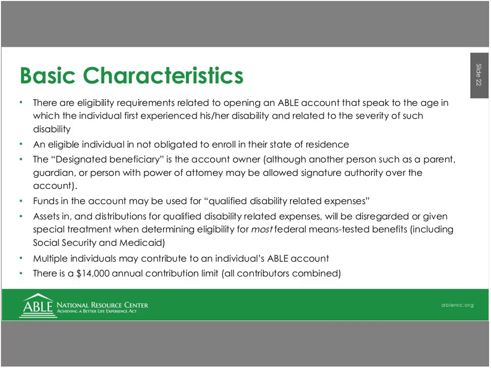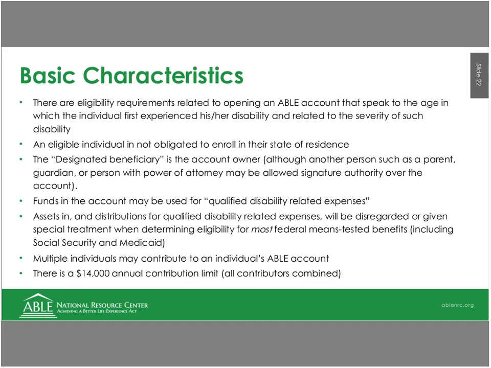That can be the parent of a minor, a person who has guardianship, or a person with power of attorney. Additionally, funds in the account can be used for what's called qualified disability-related expenses. We'll talk about those more in a little bit.